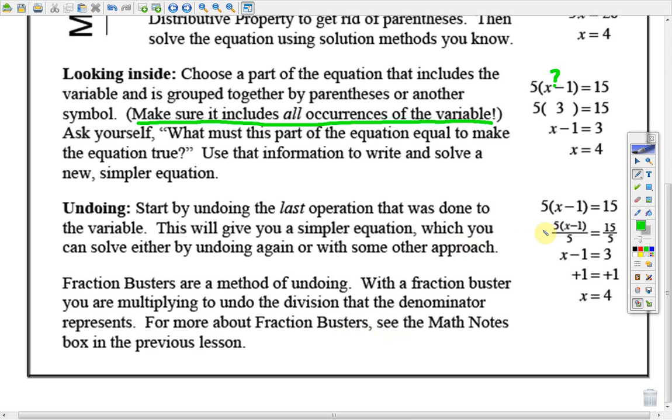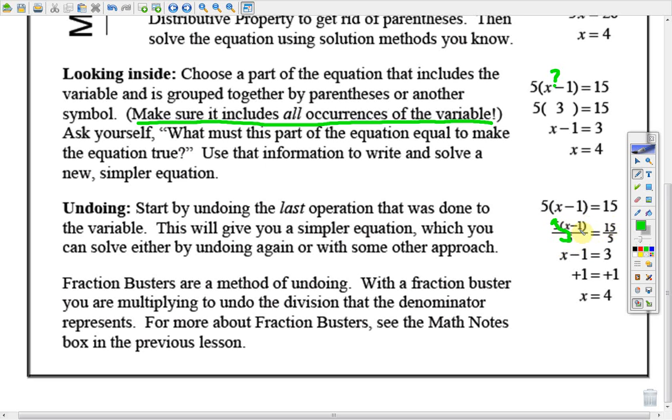So to undo this equation, 5 is the last thing that was done to the variable. First we had x minus 1. We take that and we multiply it by 5, and that gives us 15. So we're going to start by undoing the 5. So we divide both sides by 5. That gives us a big 1 here, even though it doesn't look like a 1, big 1, like that.